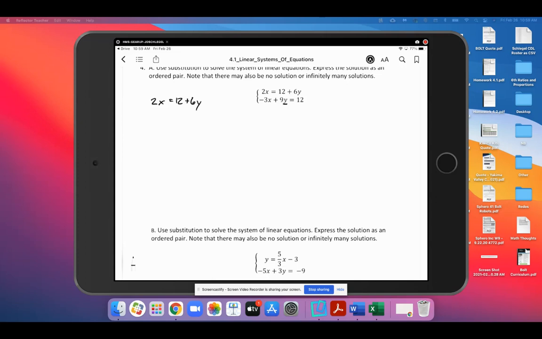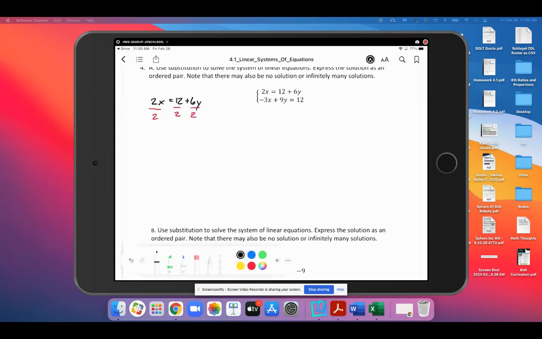And now that I actually say that, I think I'm going to take this first equation and solve it for x, because it would be very simple to do that. I could just divide by 2, and then I have an x value. So the alternative, again, is you could solve it for y. Either way is going to be okay.